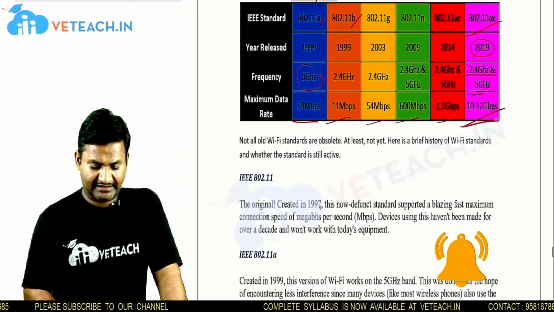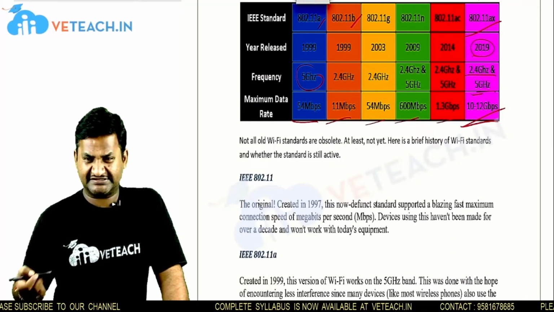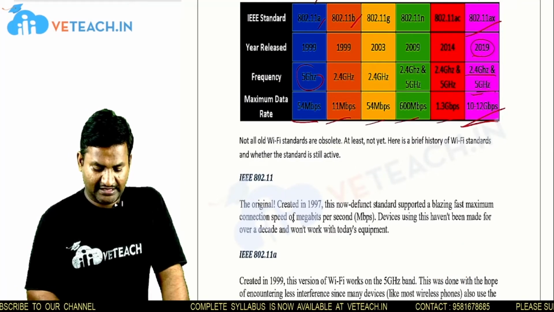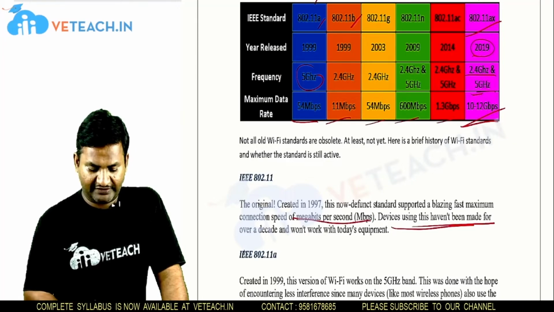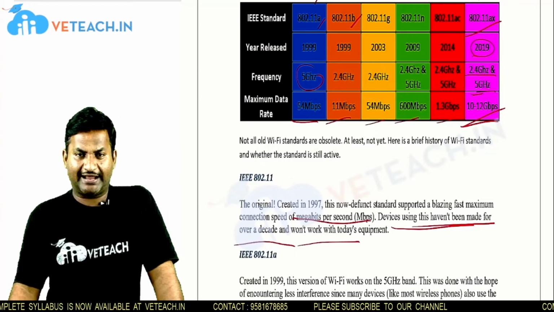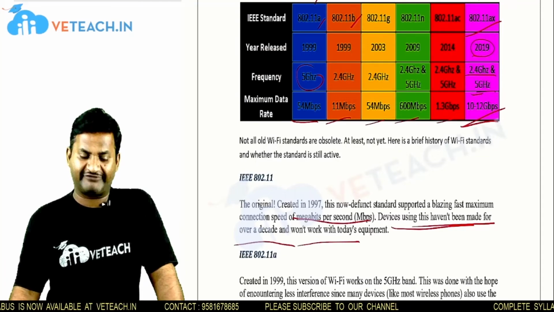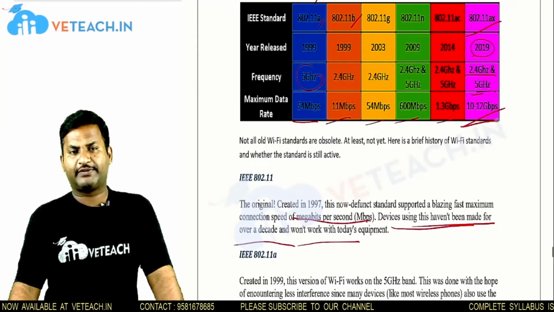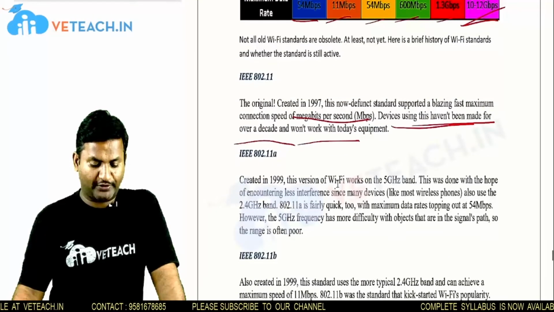The original was created in 1997, with a data rate in megabits per second. Devices using this haven't been made for over a decade and won't work with today's equipment. So Android systems designed now do not work properly with the initial IEEE 802.11.